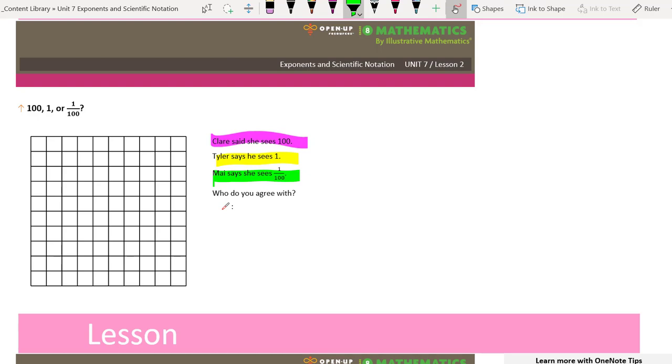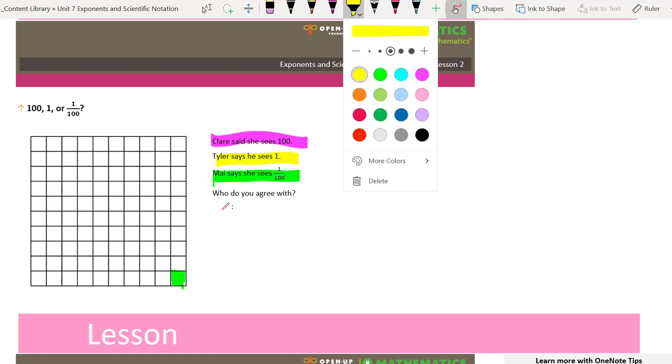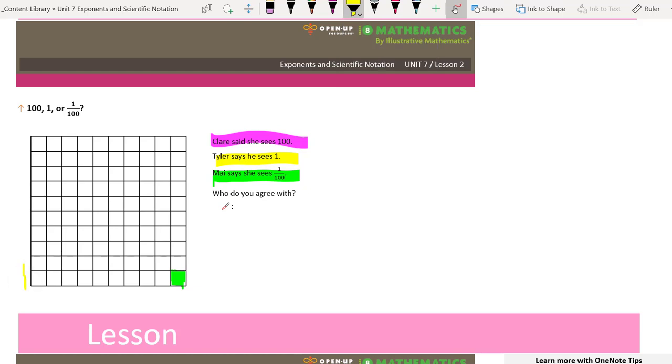If you look at what May has said, 1/100th would be one of these little tiny squares out of all of them. So if you see that you would agree with May. If you agree with Tyler to see 1, you see one big giant square there.